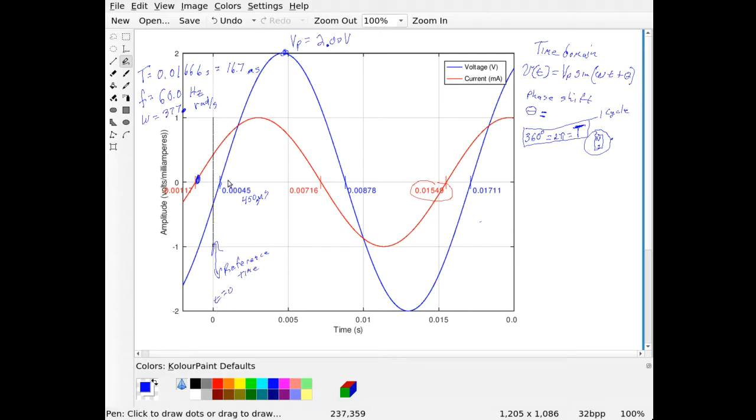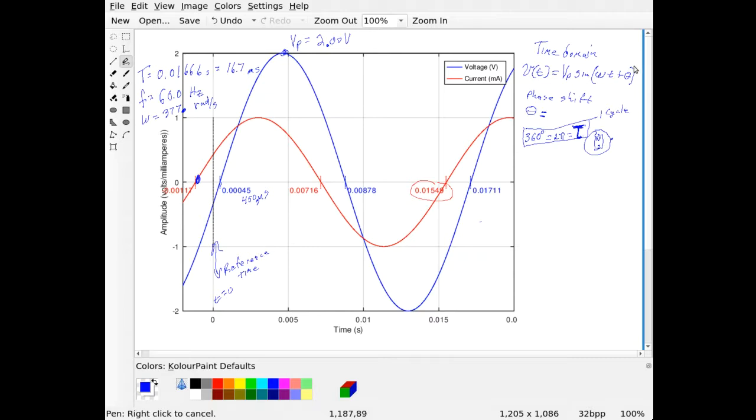Okay. And so that's our reference point, so that we can just calculate what our phase shift is. Now, what we know, I wrote it up here, I got it in the box still. One complete period is 360 degrees.